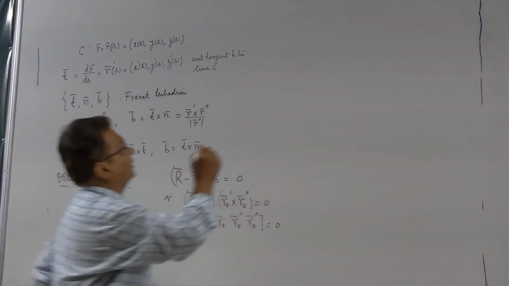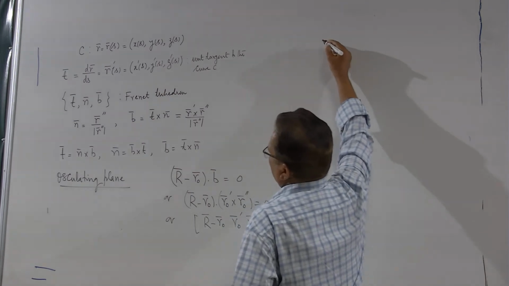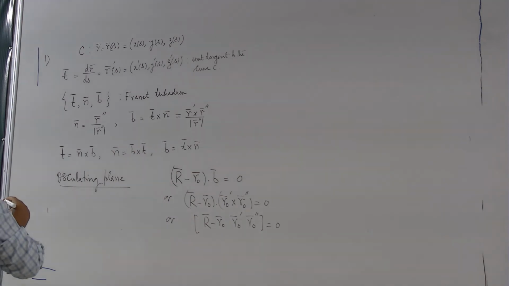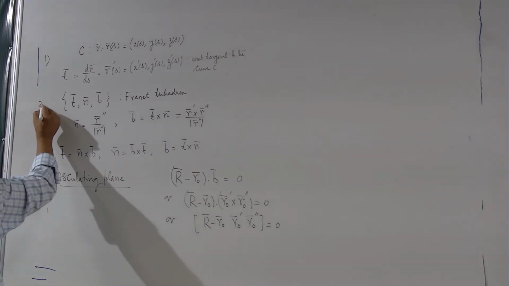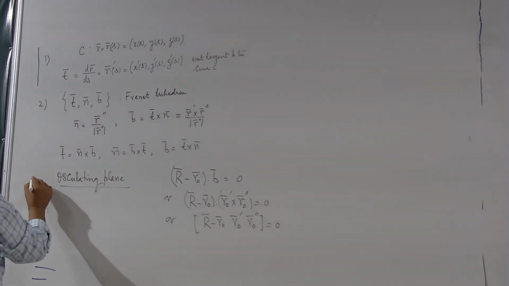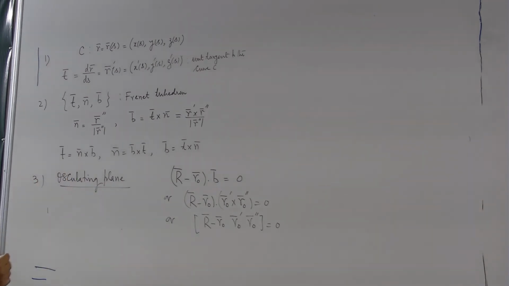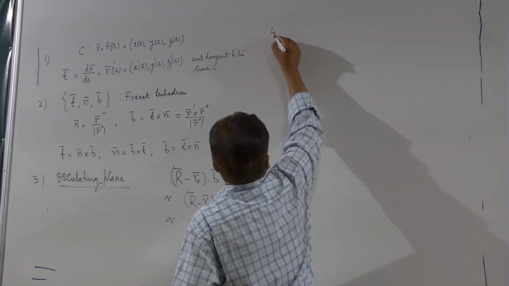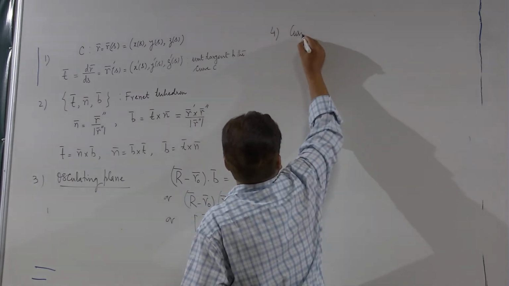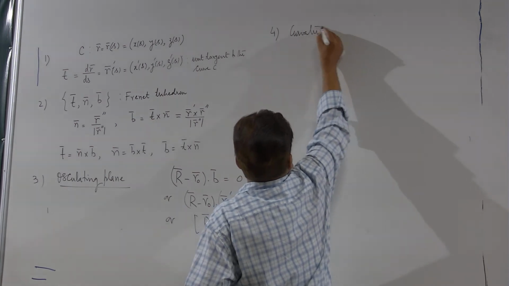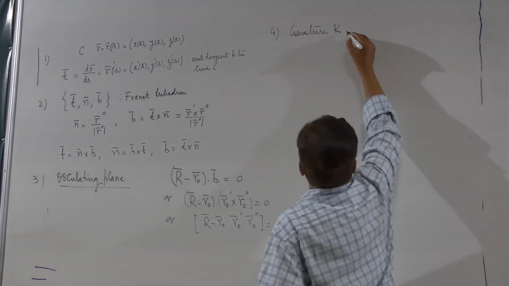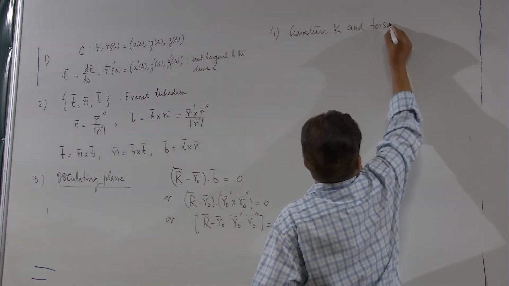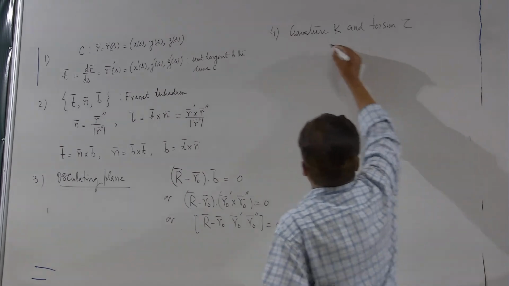So, the next two ideas, let me write down here itself the notion of curvature. Okay, let me write. So, this is the first thing, and then Frenet trihedron number 2, and then osculating plane and the other planes, this was number 3, and number 4 I discussed with you the curvature K and torsion tau of a regular curve.